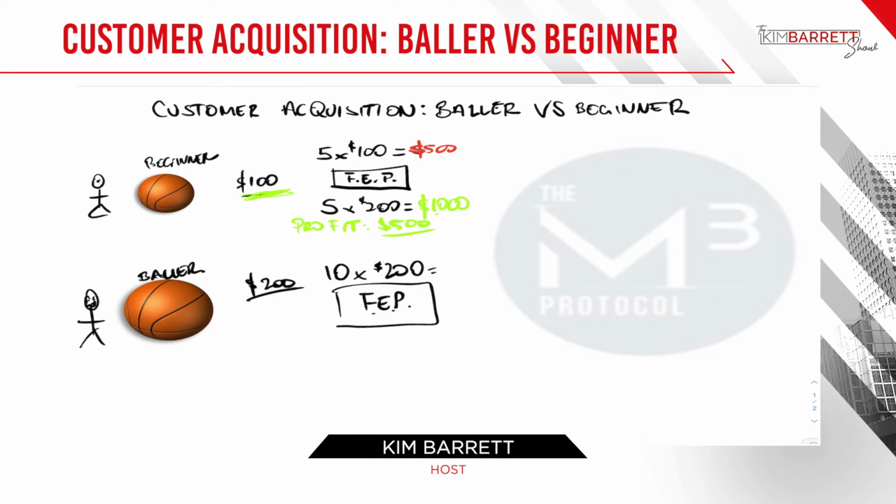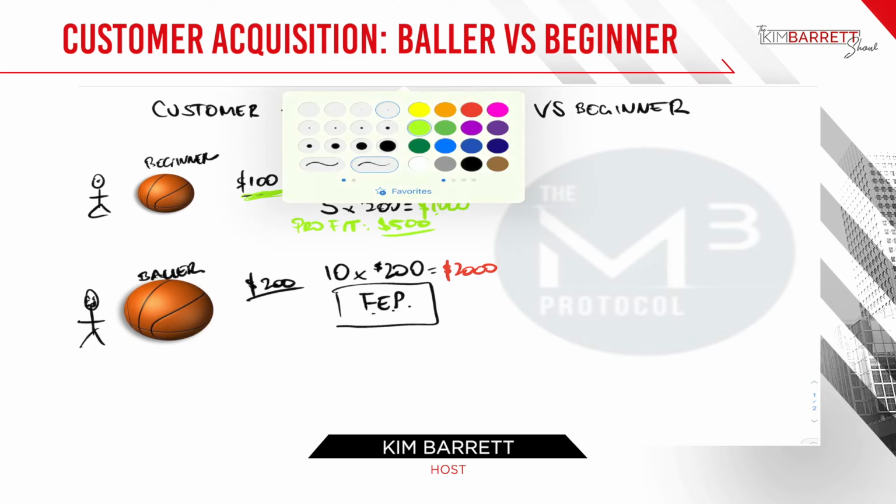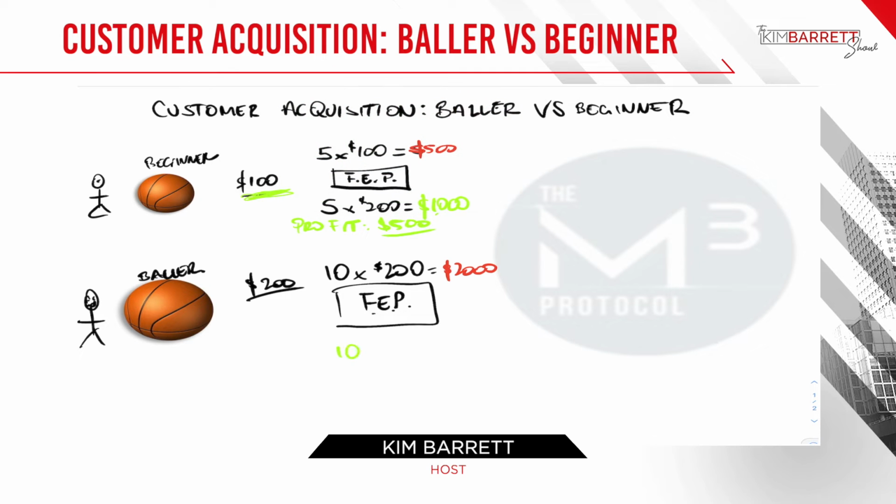So quick math, that means that these guys spent $2,000. And what did they make? If it's the same $200 product, just 2 different advertisers, it means that they made $2,000. So their front end profit is 0.